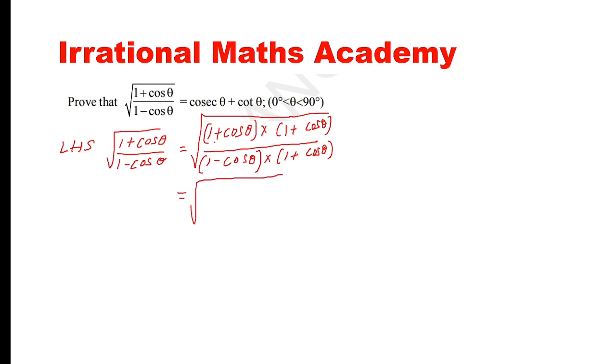If you see here, you treat it as A into A. What happens? A square. Here, what is our A? 1 plus cos theta whole square.